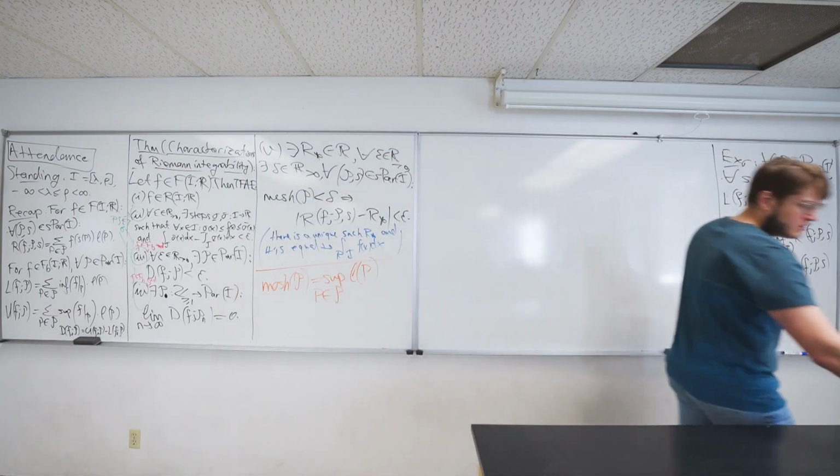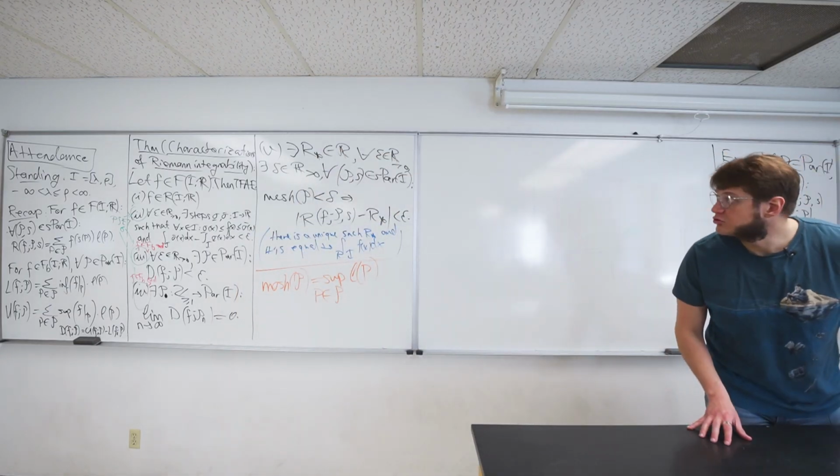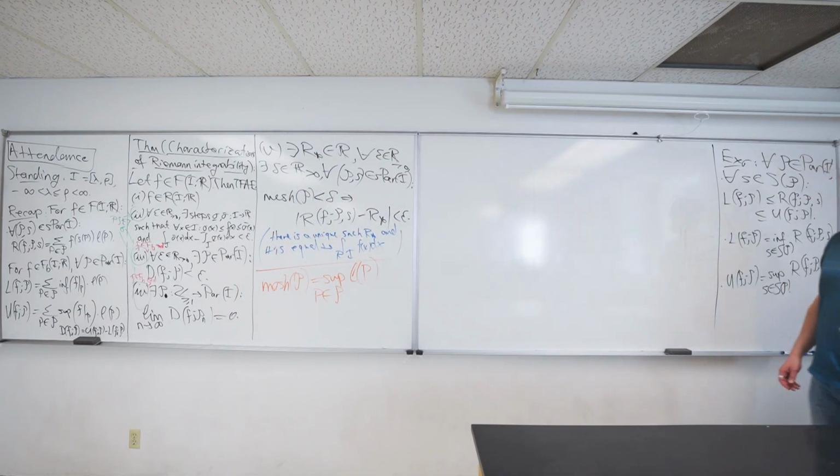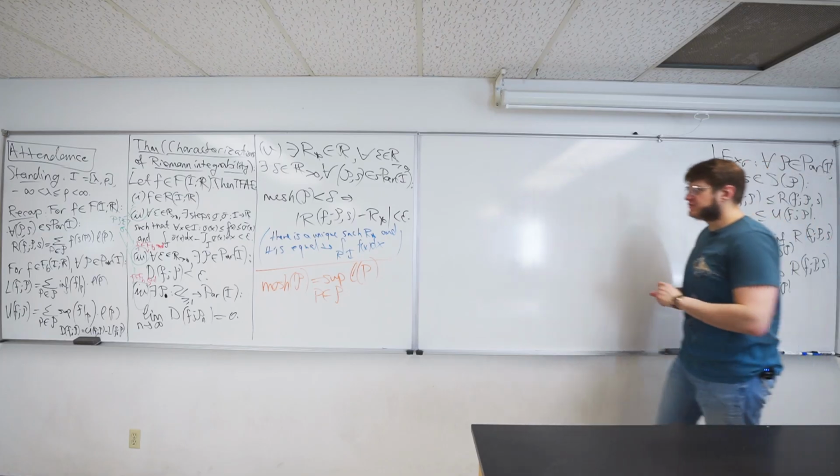Proof of 3 is equivalent to 5. Okay. Let's start with 5 implies 3. It's slightly easier.